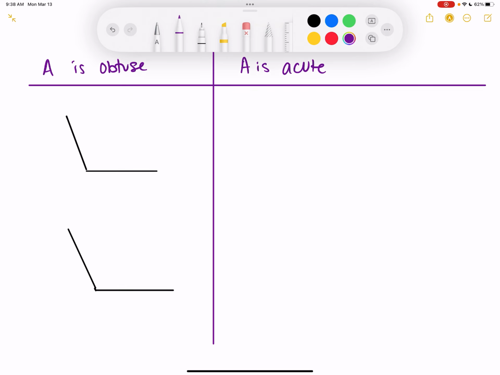Alright, so I'm going to do obtuse first because they're the easier ones. How did I do this? Why did I draw it like that? Alright, so the stuff that's given to you would be this information, the black lines. So this would be side B and this would be angle A for both of them. And then I'm going to draw in your two possible side A values, or what it could look like.